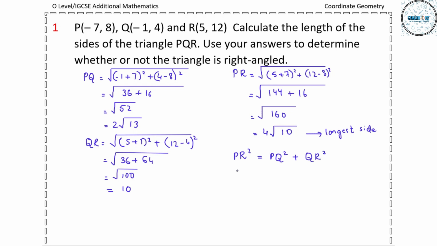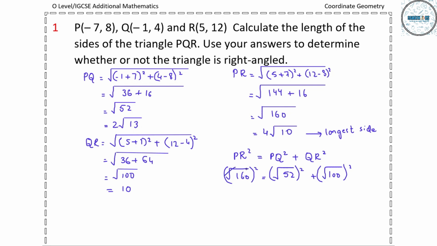PR squared, we can simply take as root 160, is equal to PQ squared, root 52 squared, plus root 100 squared. As we know, we have to take the square, so that's why we have taken the numbers which are under the radical sign.